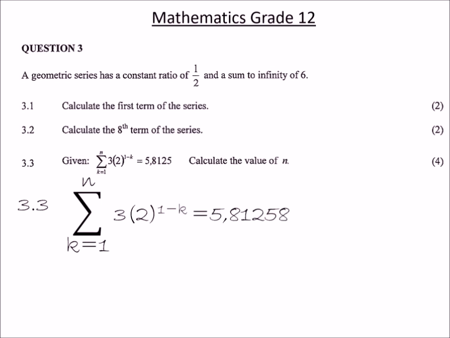The first three terms of the series are 3, 3 over 2, 3 over 4. This is a geometric series, with the constant ratio being equal to 1 over 2, and a is equal to 3.